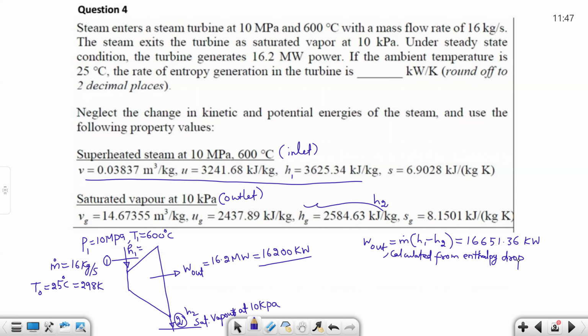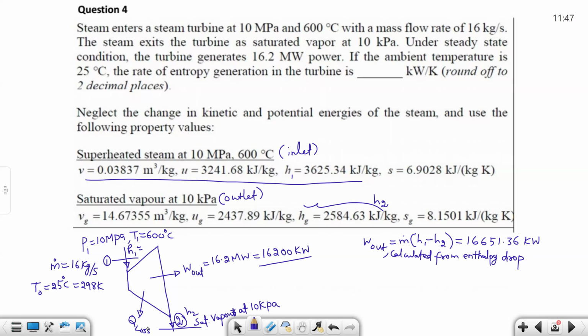That means there must be a heat transfer. Since the calculated value is more than the work output, the remaining part will go out as heat. So there is a heat loss. So the heat loss will be calculated from this difference.